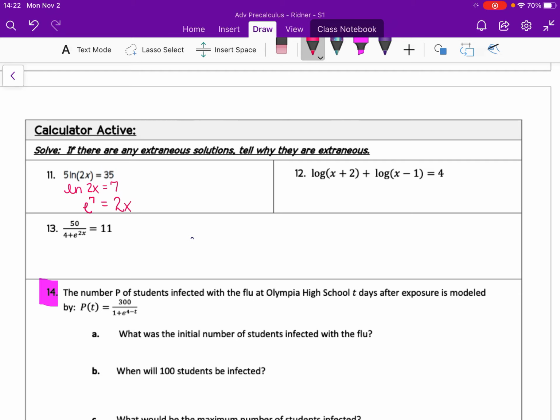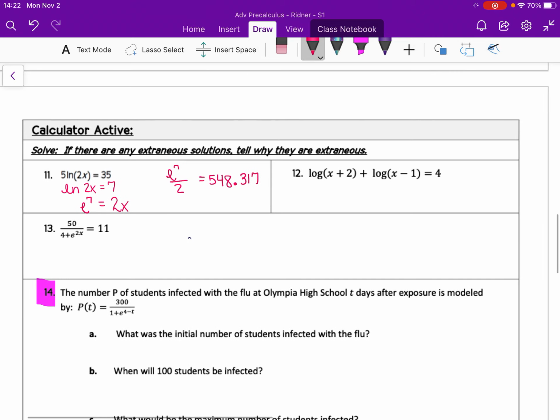So the last thing you would want to do is divide by 2. So e to the 7th divided by 2, which is approximately 548.317.